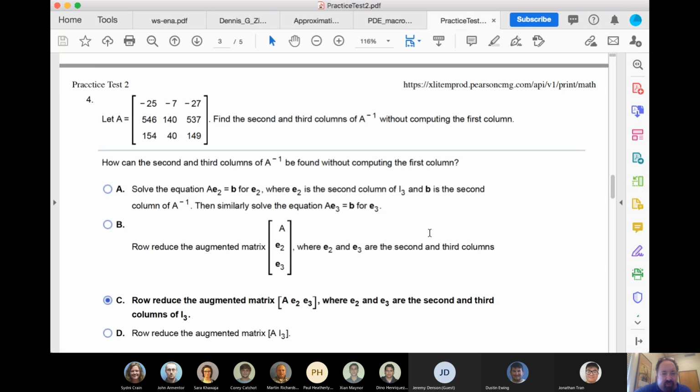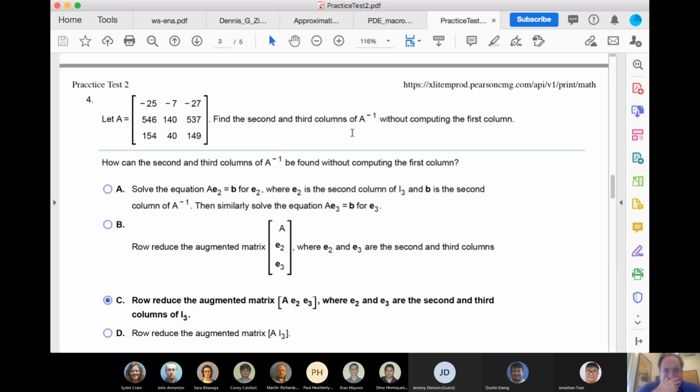These next problems get into the inverse. Here you're asked to compute select columns of the inverse, not computing the whole inverse.